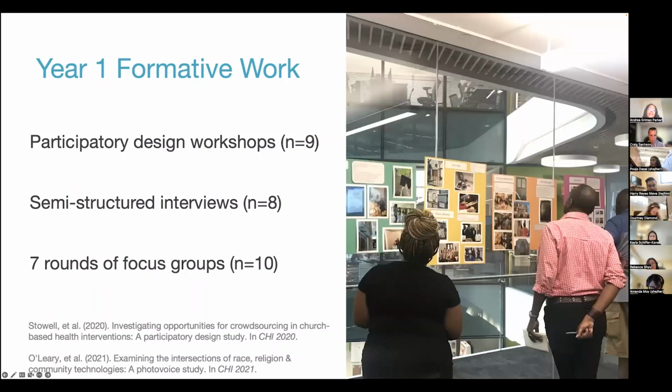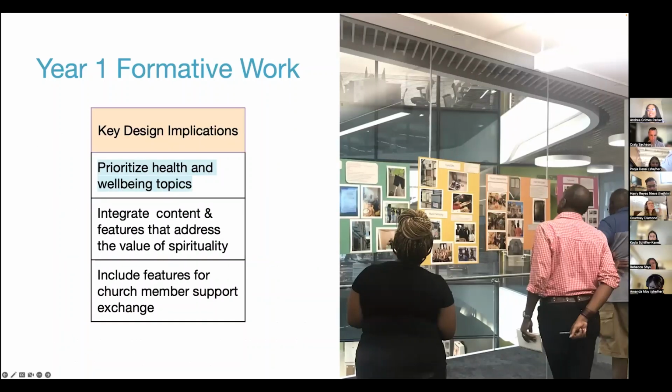We conducted several rounds of focus groups, interviews, and design workshops throughout the year to iteratively arrive at design implications. And through this formative work, participants characterized a set of key design guidelines for mHealth tools that were designed for their communities.